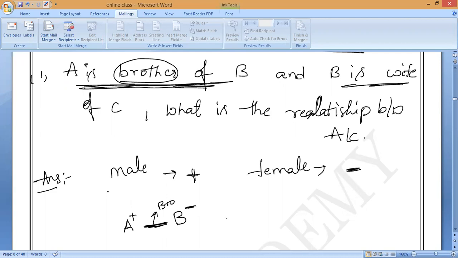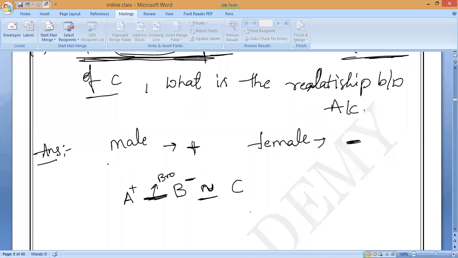What is the spouse symbol? This is the symbol for spouse. B is the wife of C. What is the gender of C? Male. C is the husband of B. Correct? So what is the relationship between A and C?